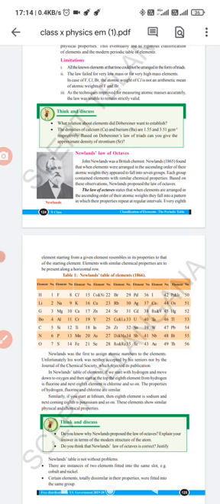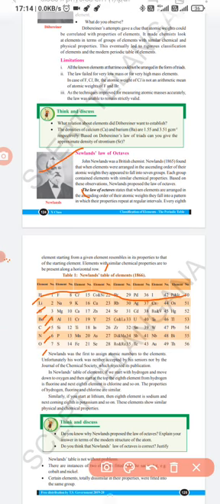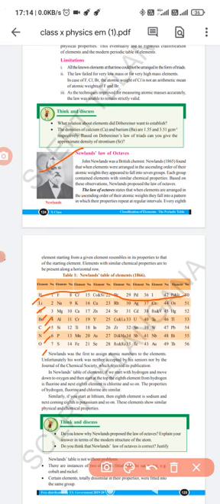Every eighth element: if I count from the hydrogen, which is the first element here, 1, 2, 3, 4, 5, 6, 7, 8. The eighth element is fluorine. This hydrogen and fluorine have similar properties, so they are kept in the same row.